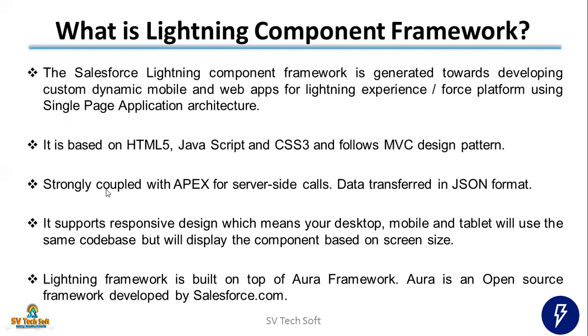JSON is JavaScript Object Notation. It is completely lightweight. In most integrations, the data transformation happens using XML or JSON. In Salesforce Lightning, the data transformation happens using JSON only.